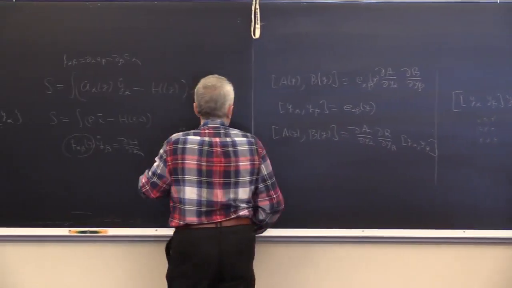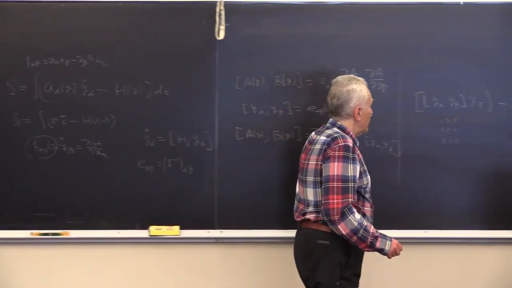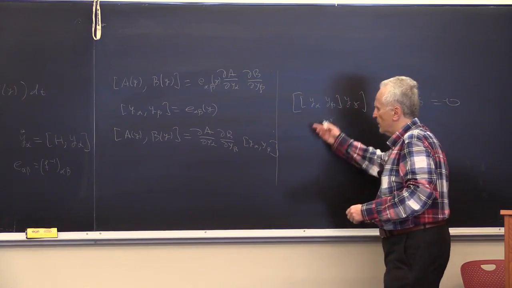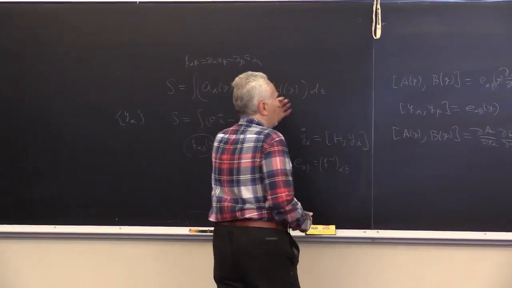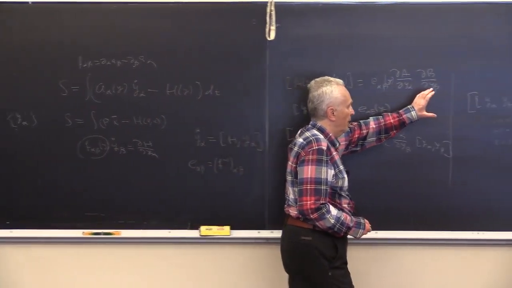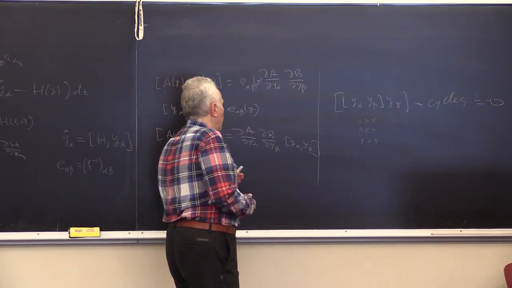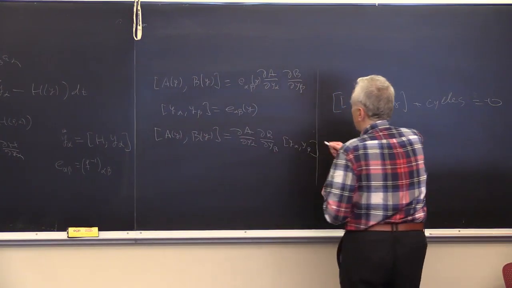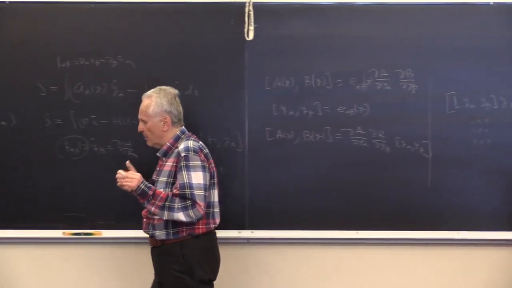And I will not be deriving this. Excuse me. This holds for any three functions on the phase space. This Jacobi identity. And the origin of the Jacobi identity is that the Poisson brackets are tightly connected with commutators.